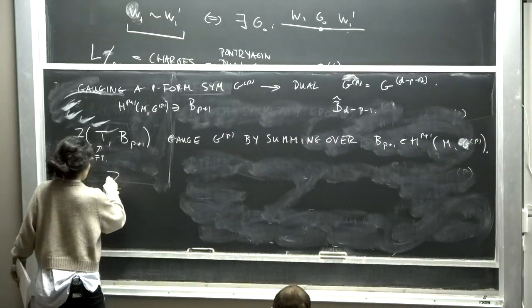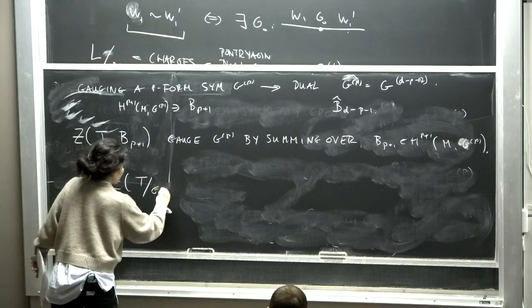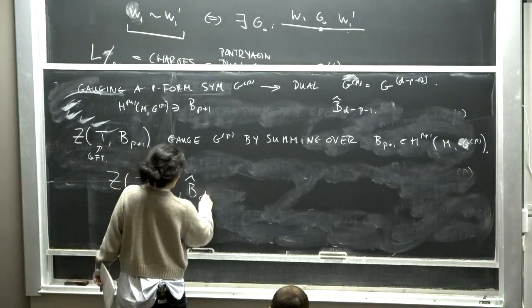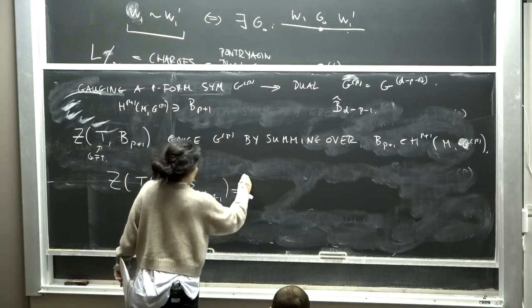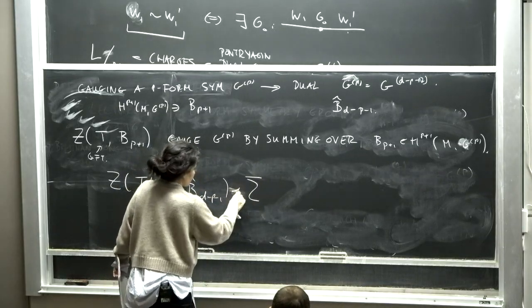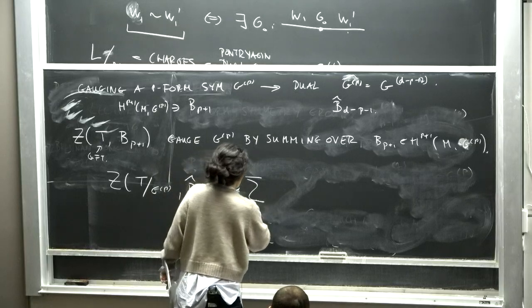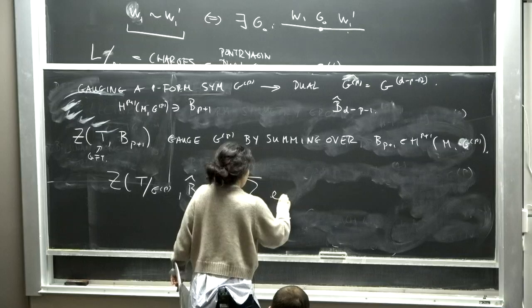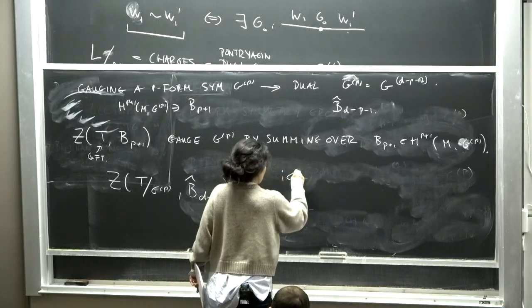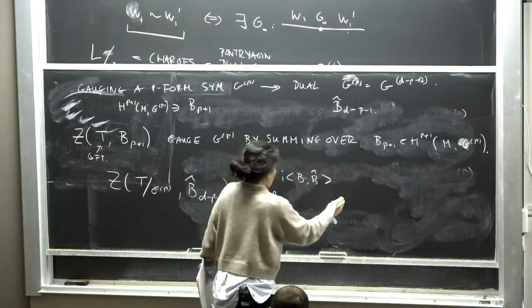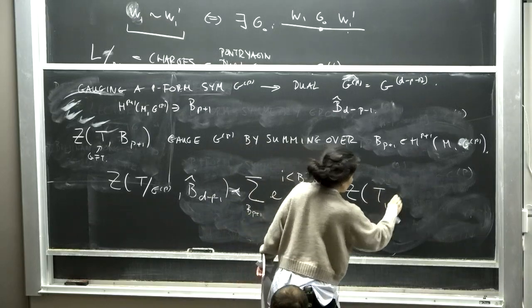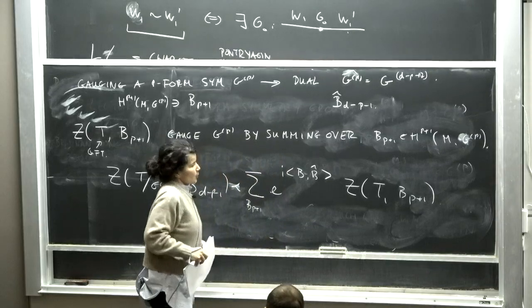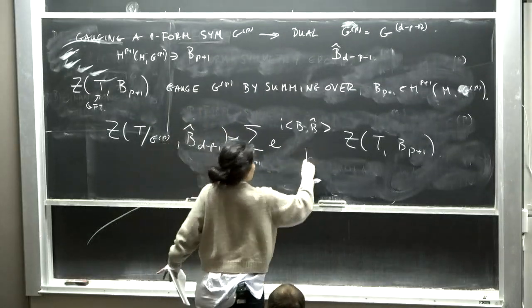So the theory T mod G^(p) will now have this dual field, up to some normalization that I won't discuss. It is the sum over all these b_{p+1} with some weight factor of the partition function coupled to this background field b_{p+1}.